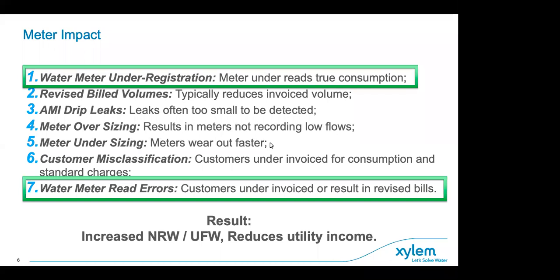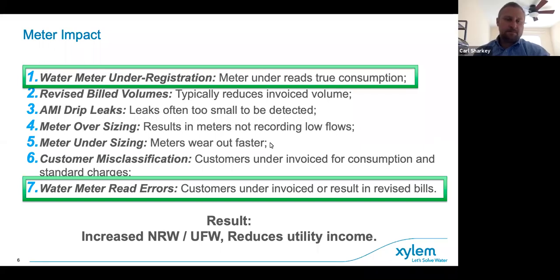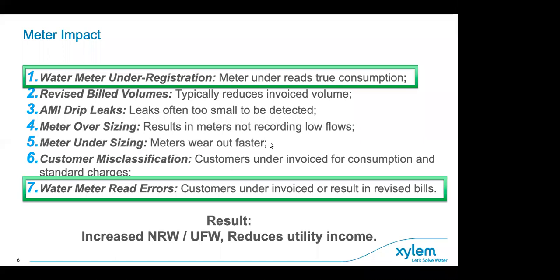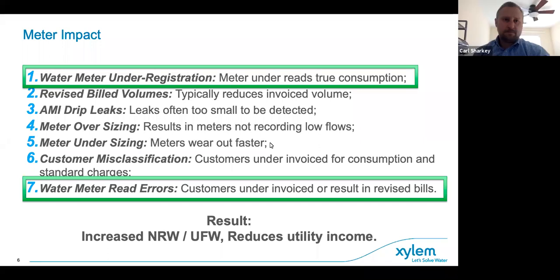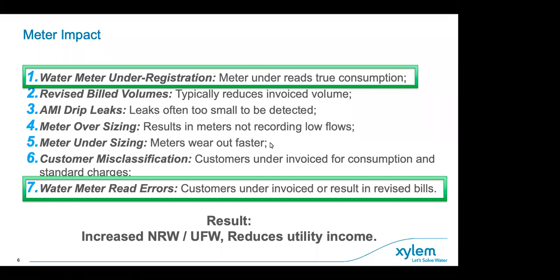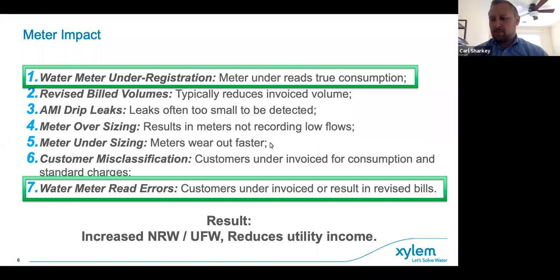The impact that meters have on a utility is quite wide ranging, but the one we really want to focus on is meter under-registration. This is where a meter under-reads the true consumption, and typically this is how all meters work. Very few, if any, actually over-record.